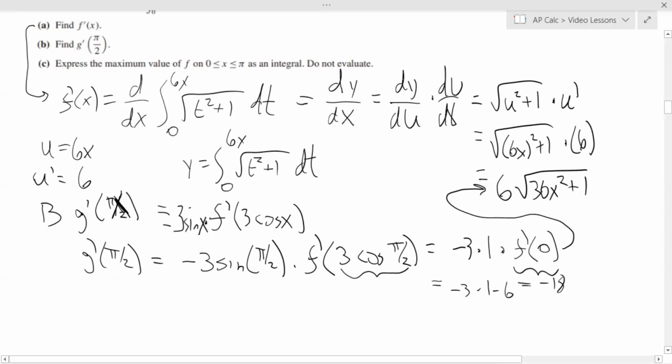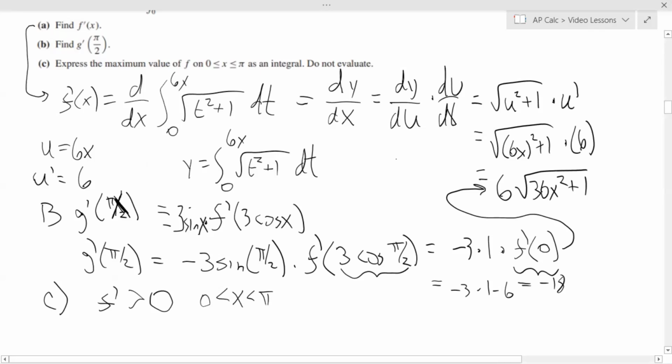And then the last piece says express the maximum value of f on the interval of 0 to pi as an integral, but don't evaluate it. So from part A, we can conclude, so here, the f prime is positive, greater than 0, for x less than pi and greater than 0.